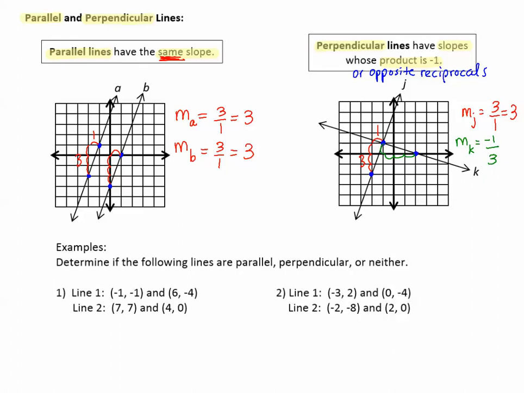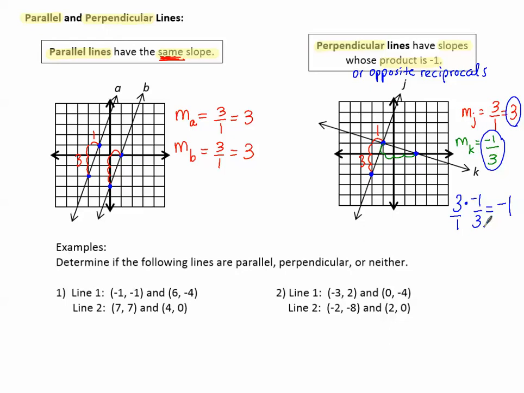Notice these two lines do not have the same slope. If I multiply them, 3 times -1/3, I get -1. The product is -1. Or simply we can look at them as opposite reciprocals. Positive and negative are opposite signs, and reciprocals means they are flipped over. That's how we tell when we have perpendicular lines.